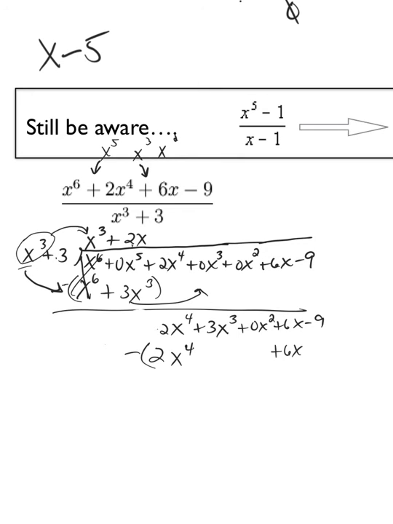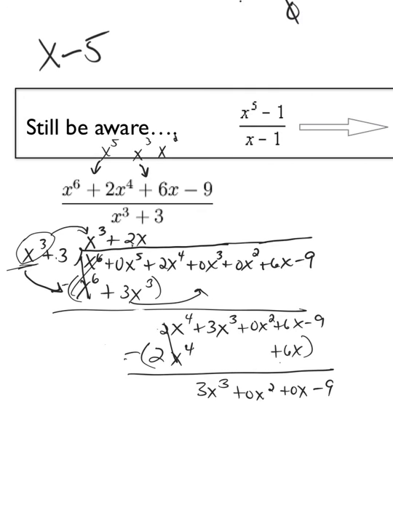I'm going to put the subtraction symbol. This cancels. I still have 3x cubed plus 0x squared. Now I'm saying 6x minus 6x, that cancels. I'm just going to keep these 0 terms there until I'm done. Make sure that I take care of everything.